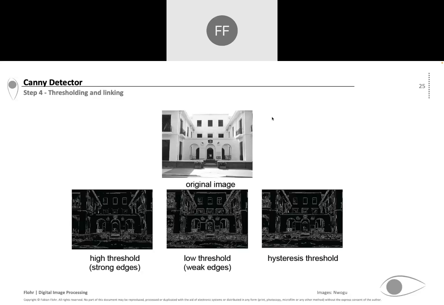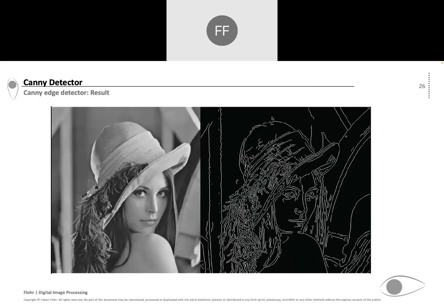Also on the wall, some of those noisy weak edges are removed by the thresholding and linking, and especially those lines where you want to have an edge are also connected by this step.